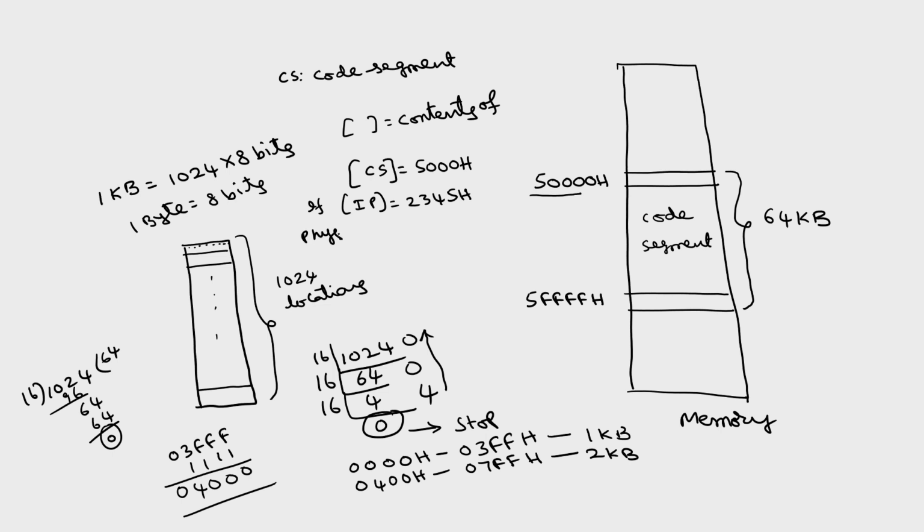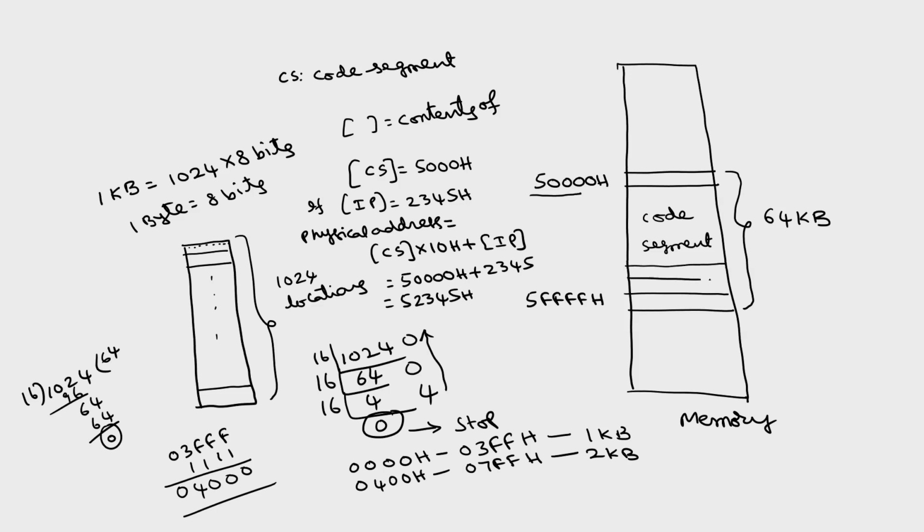Physical address is given by CS, the code segment, into 10H plus the contents of the instruction pointer. So this becomes 5000H into 10H, which means 50000H, plus instruction pointer 2345, so this will be 52345H.